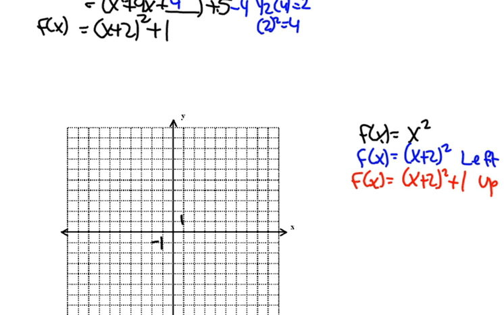Okay, so let me label my axes. All right, so first off, I'll graph the parabola. So (x + 2)^2. I need to move everything to the left, 2, so I will do that. Once that's done, I'm going to move up 1 from the blue. So my vertex will be there.